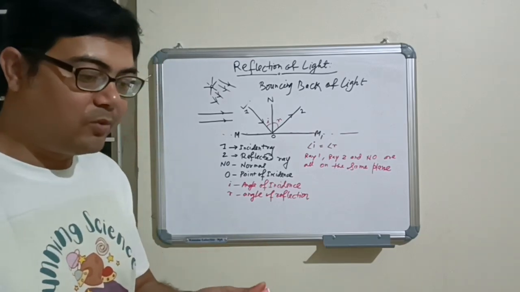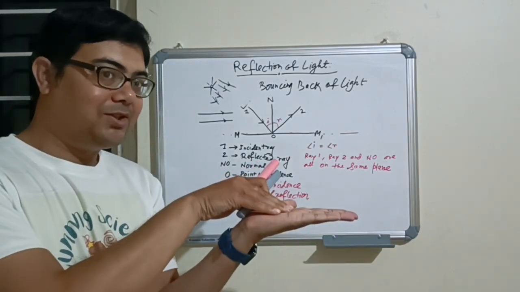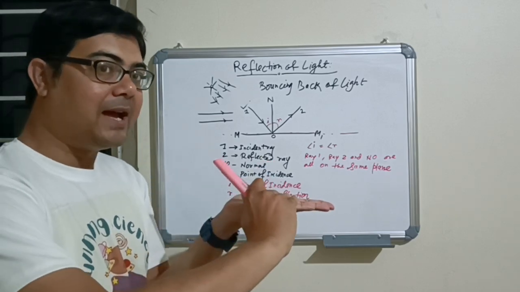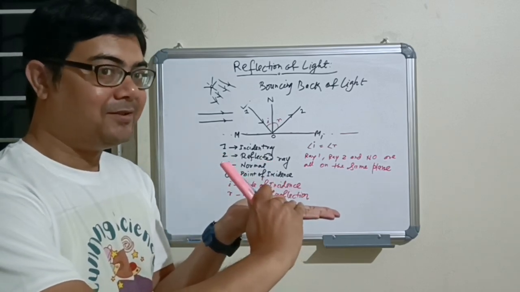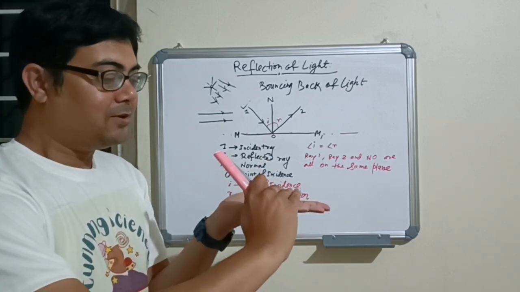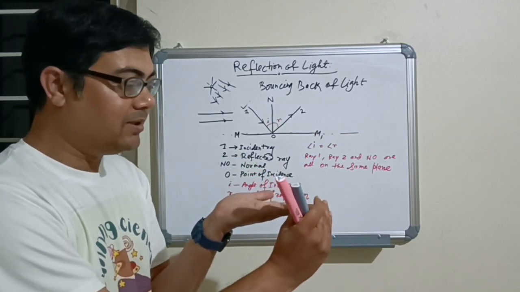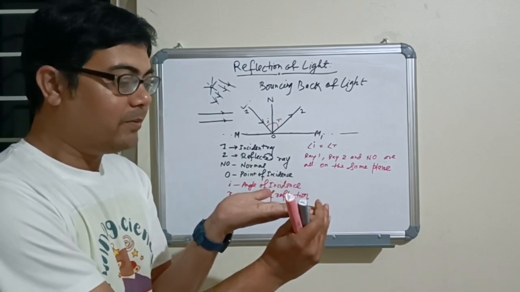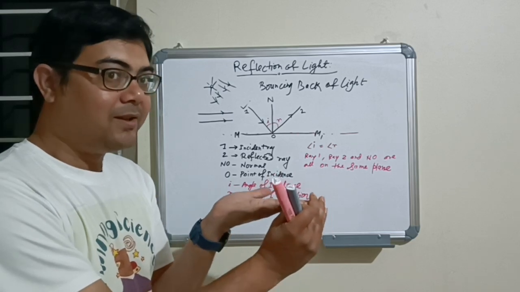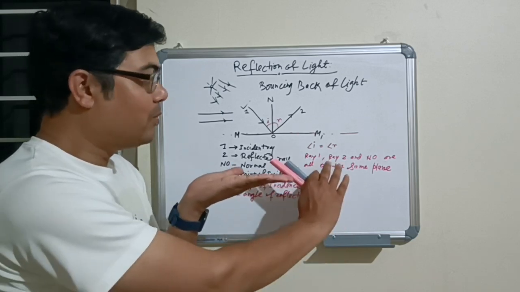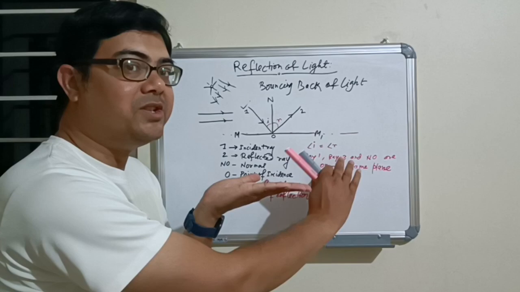Suppose I have one plane, and on this plane I have kept a mirror. If I displace the plane from its original position, the ray 1 and ray 2 will be disturbed.